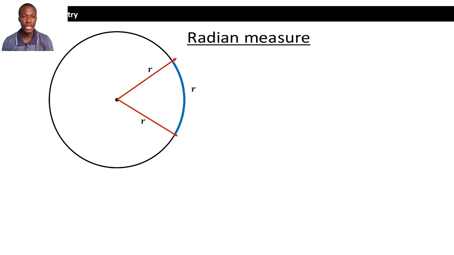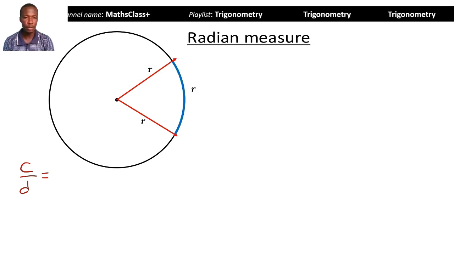Circles have very interesting features. One of them is that for every circle, when you take the circumference and divide by the diameter, it gives a value that is true and equal for all circles. Because of that, it has become a constant, and that value is pi.